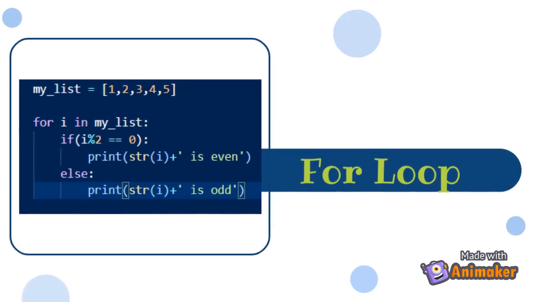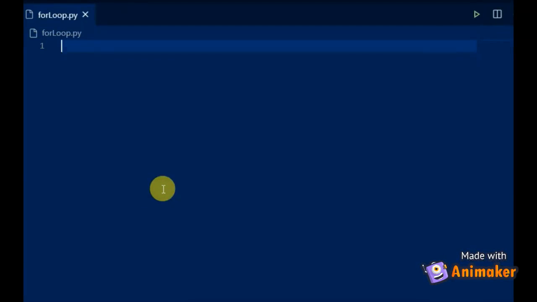For loop. Create two lists for land animals and water animals.